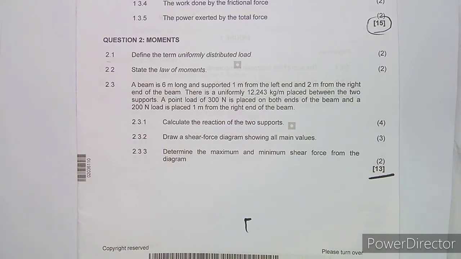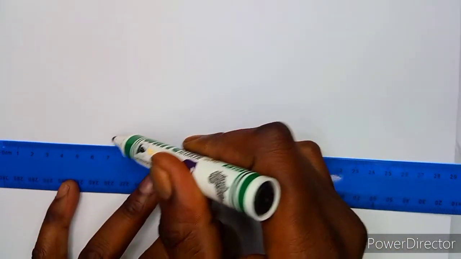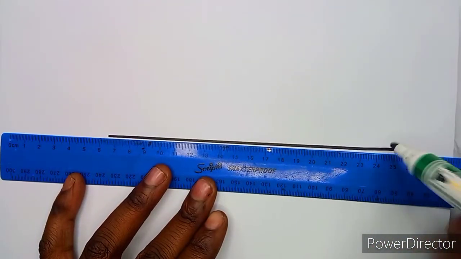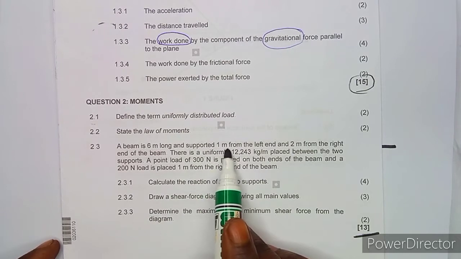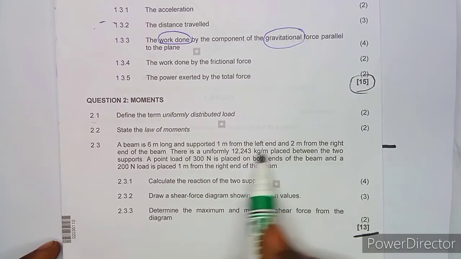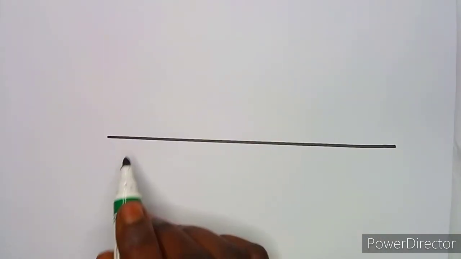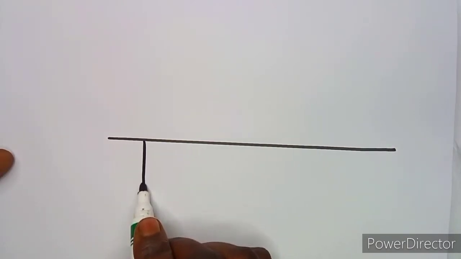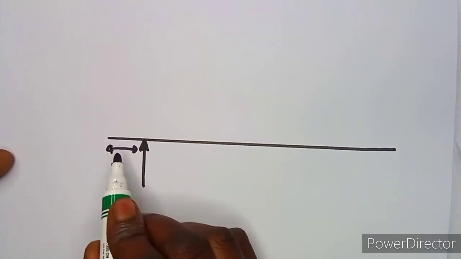Actually, we just need a diagram to indicate what is happening there, because it can be much clearer from the diagram. So take note, this is what we are having here. That's our light horizontal beam. We are given that it is 6 meters long and supported 1 meter from the left end and 2 meters from the right end. So 1 meter from the left end, there is a support, which is 1 meter from the left end.